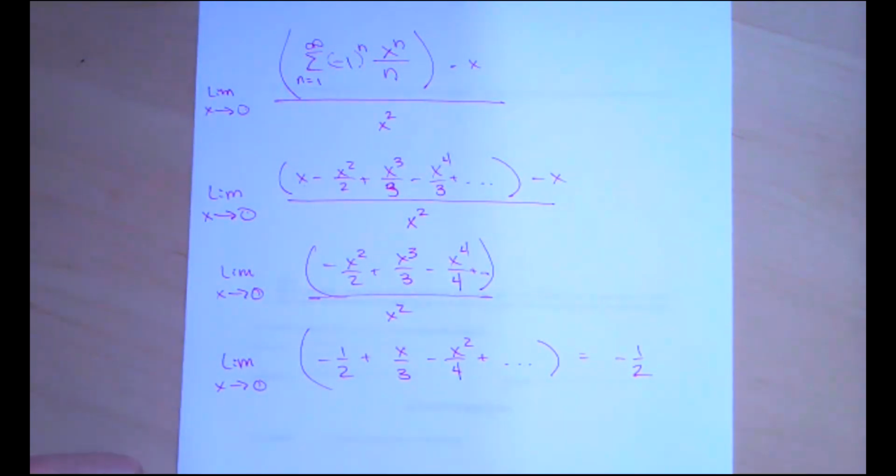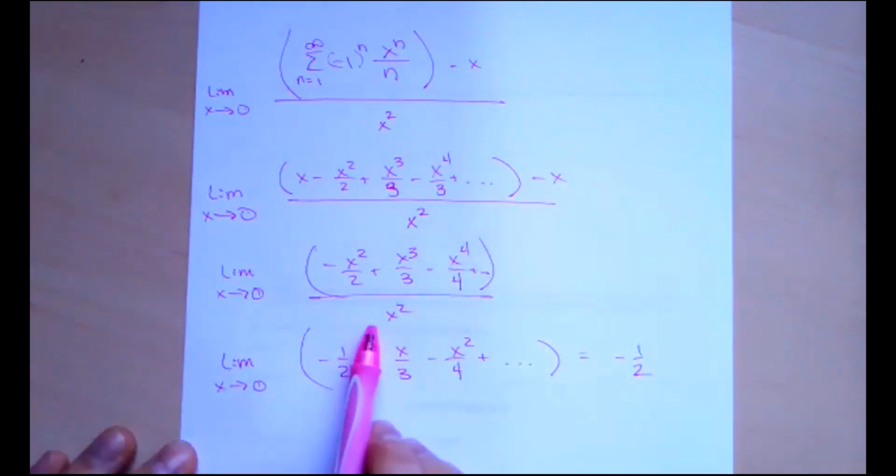We just get negative 1/2. So nothing too tricky there. I mean, we've seen all these kinds of algebraic manipulations. It's just incorporating the fact that we also want to compute a limit now and evaluate a function after we've made those manipulations.